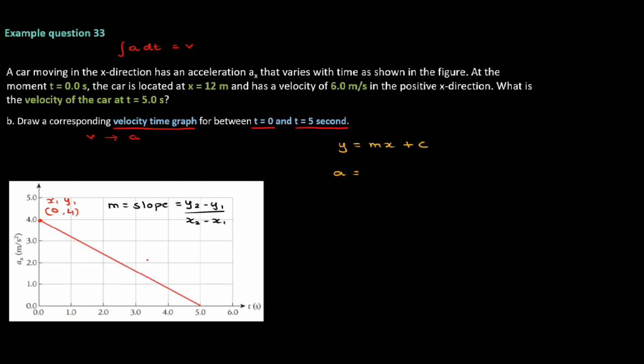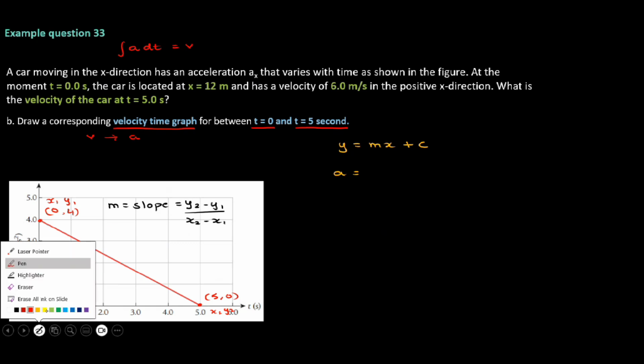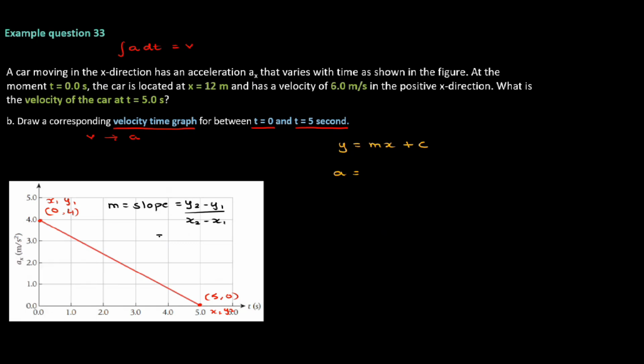And the final point here, I will call x2, y2, which is 5, 0. Substitute this in the slope: y2 is 0, y1 is 4, over x2 is 5, x1 is 0. When you solve this, you get your slope as negative 0.8.